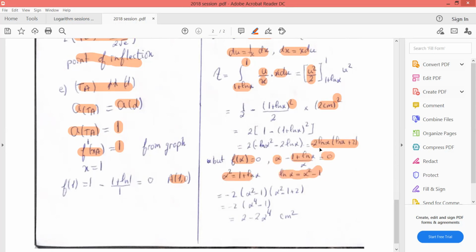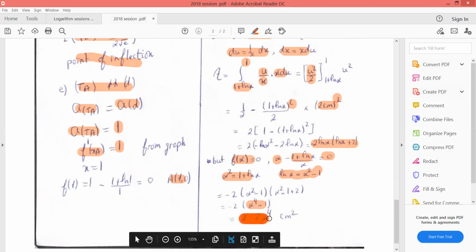We replace ln alpha by its value in this equation: minus 2 into (alpha squared minus 1) into alpha squared minus 1, plus 2. This becomes minus 2 (alpha squared minus 1) into (alpha squared plus 1), which gives alpha power 4 minus 1. We multiply by minus 2, and we get 2 minus 2 alpha to the power 4 centimeter square.